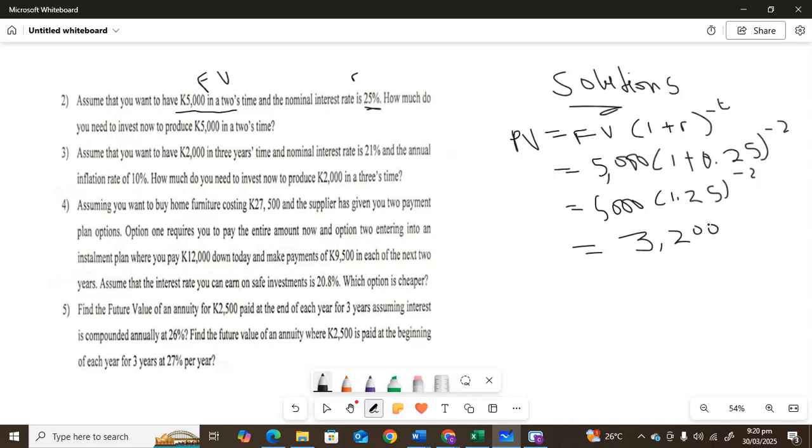3,200 kwacha. So this is how much you need to invest today. Then if you're earning interest of 25%, in 2 years' time, this 3,200 will become 5,000. Any questions?